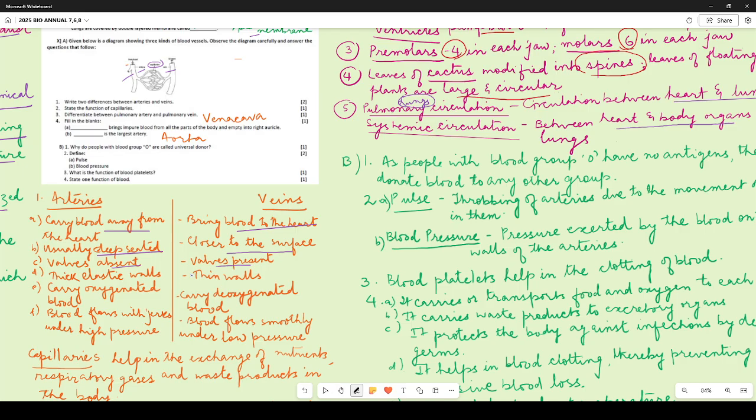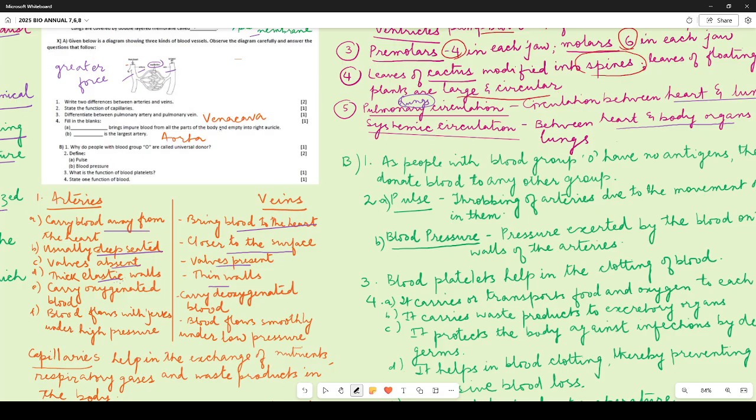Arteries have thick elastic walls, because in arteries you will find that blood is flowing with a greater force, right? Greater force is seen in the blood flowing through arteries, whereas veins have thin walls because the blood pressure is low.